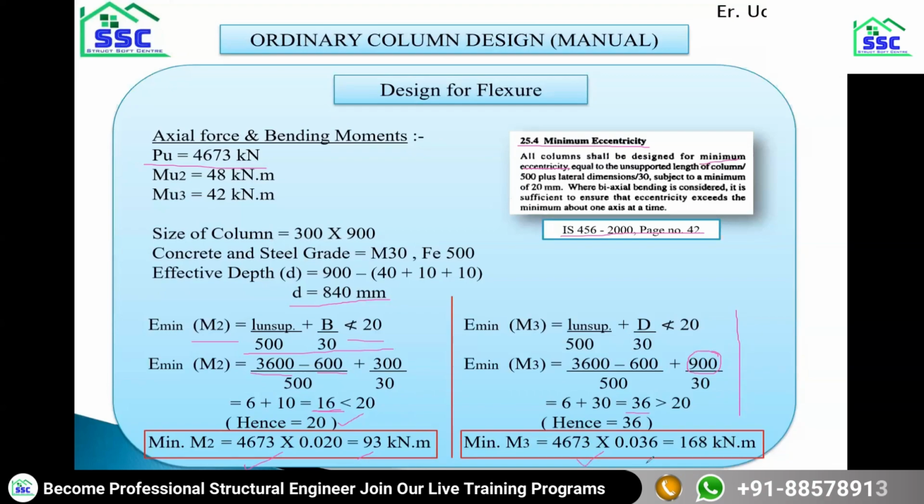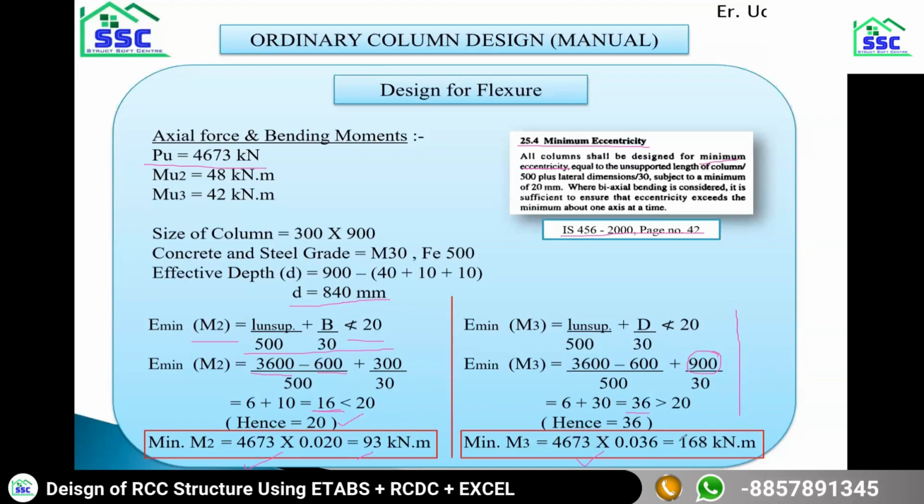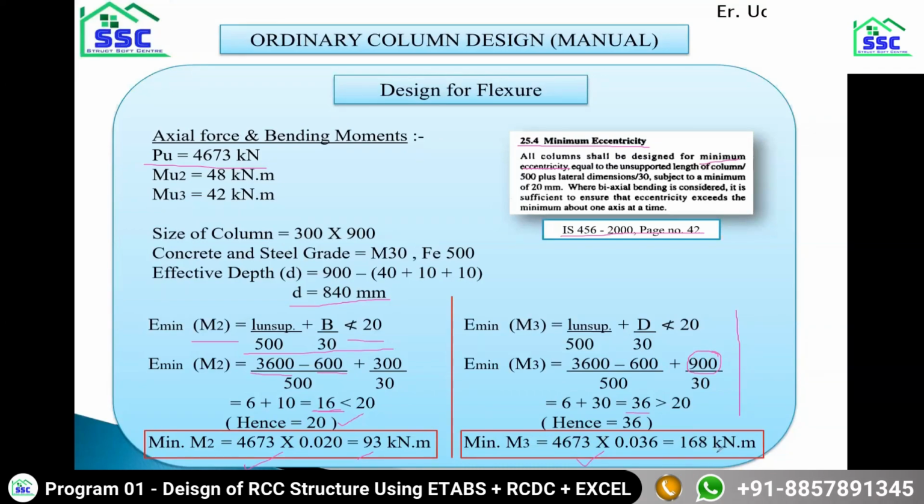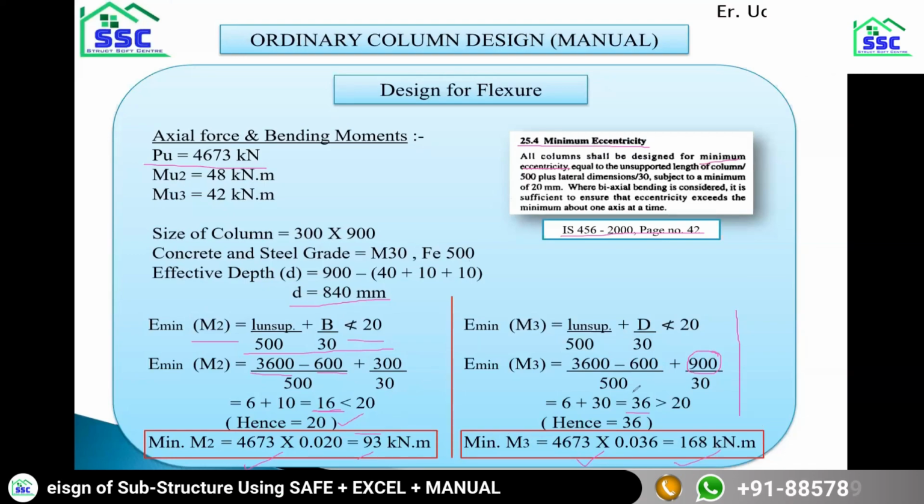Hence, the bending moment due to minimum eccentricity along the major axis will be the axial force into the eccentricity 0.036, and that comes out to be 168 kilonewton meter. So our minimum eccentricity moment along the minor axis is 93 and along the major axis it is 168.